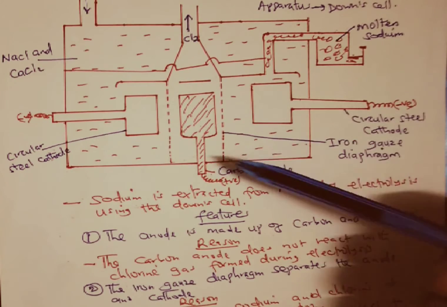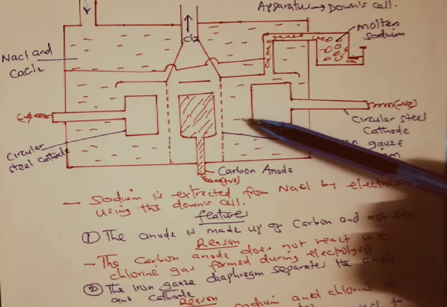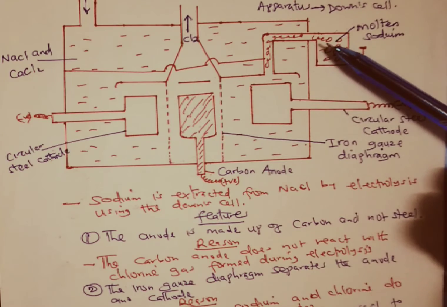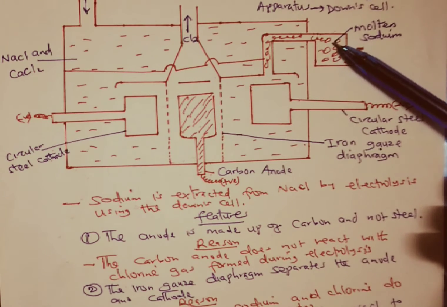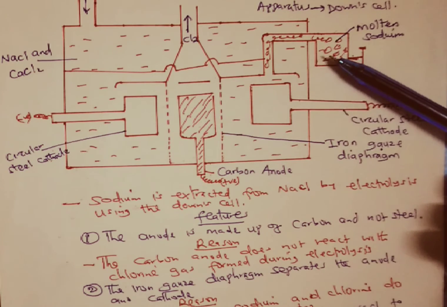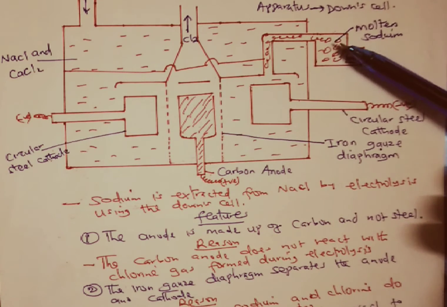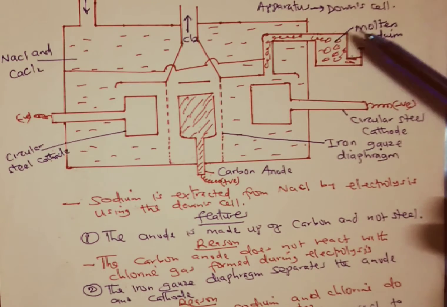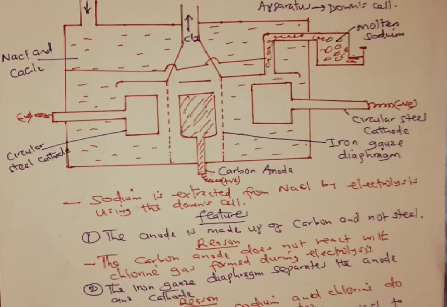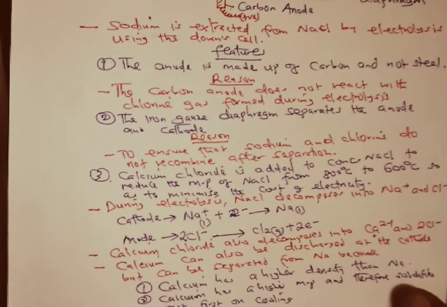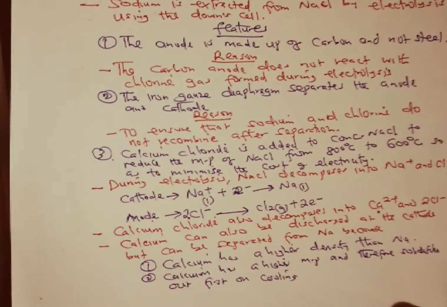Remember, as the process continues, the concentration of sodium ions can go down, making the concentration of calcium ions go up, and that may make calcium also get discharged at this point, but the two can always be separated from one another.